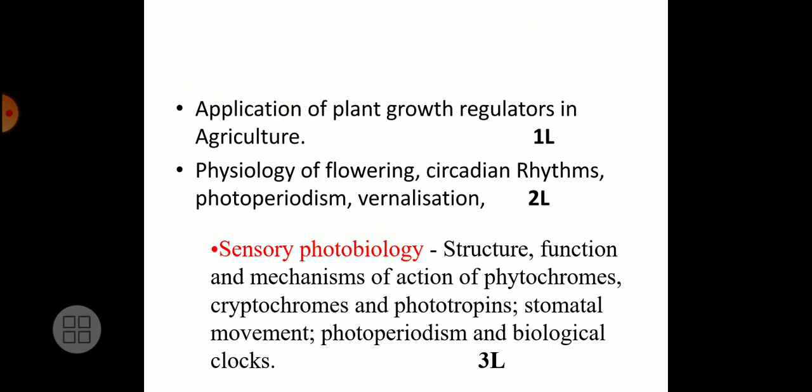The main aim of learning all these things is that scientists are always making efforts to increase the growth of a plant, and that could result in an increase in the yield of the plant. So how to use growth regulators in agriculture itself.